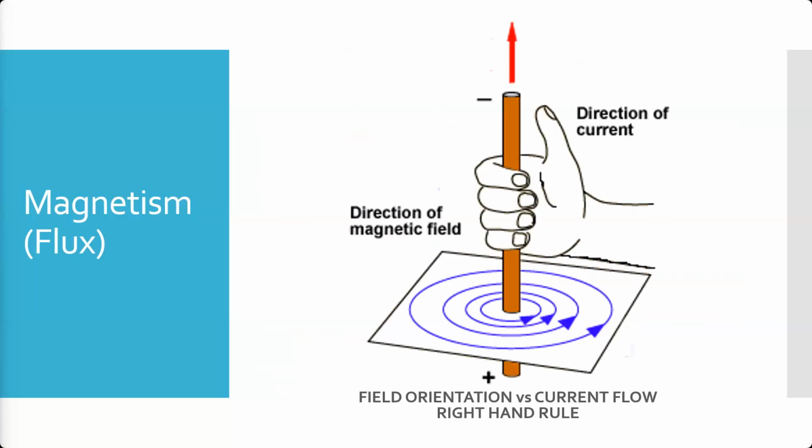If we look at it from the bottom, it's going to be clockwise. But looking at it from this orientation, that right-hand rule is going to create a barrel of magnetic flux around that wire, or in the direction that it's going there.